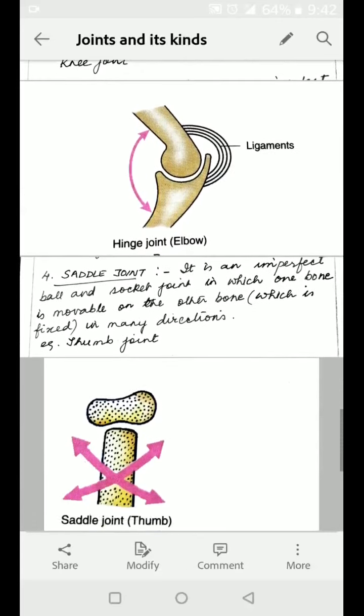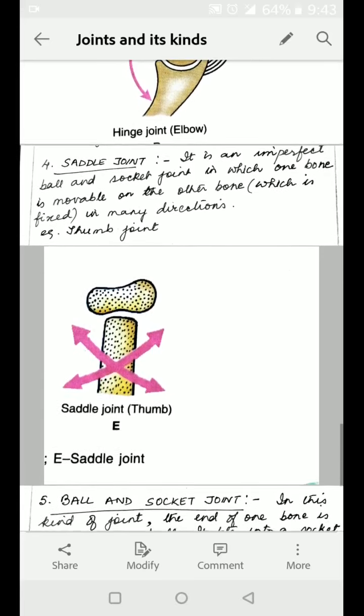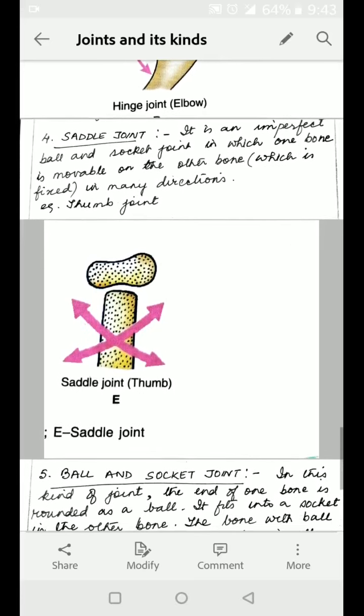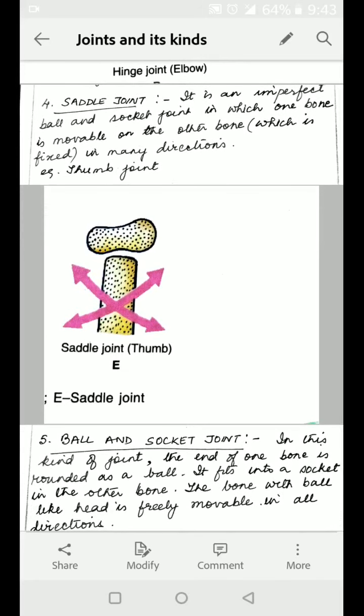A saddle joint is an imperfect ball and socket joint in which one bone is movable on the other bone, which is fixed in many joints. This figure shows the saddle joint, an example of which is the thumb joint, between the first metacarpal and the carpal.